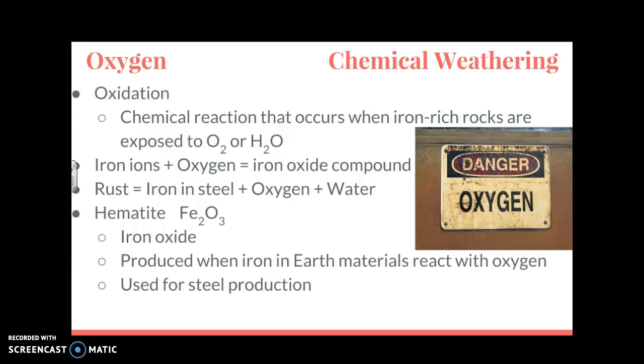Rust equals iron and steel plus oxygen plus water. The mineral hematite, Fe2O3, causes iron oxidation. It's produced when iron and earth materials react with oxygen, and it's used in steel production.